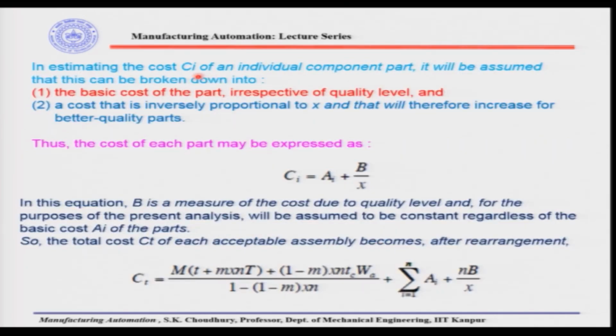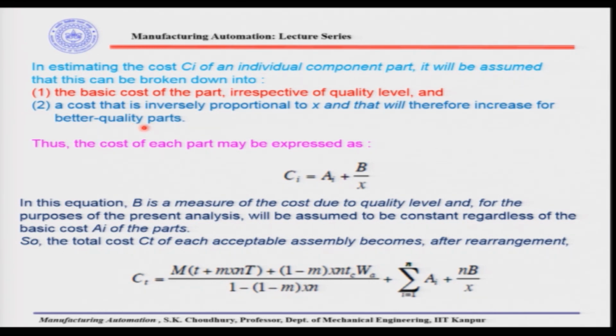In estimating the cost C_i of the individual component parts, that is C1, C2, C3 up to Cn, it will be assumed that this can be broken down into two parts. One, the basic cost of the part, that is the raw material, irrespective of the quality level, and the cost that is inversely proportional to x, and that will therefore increase with better part quality.